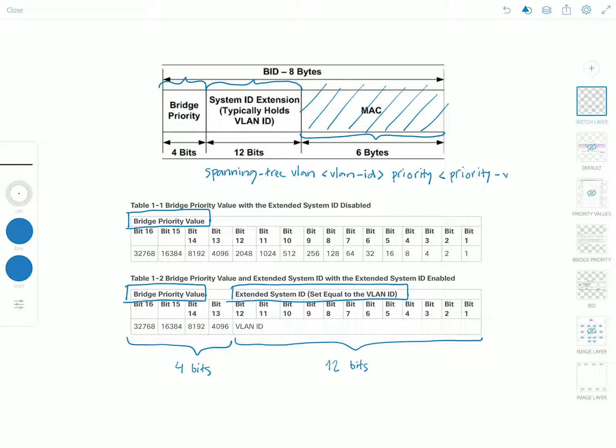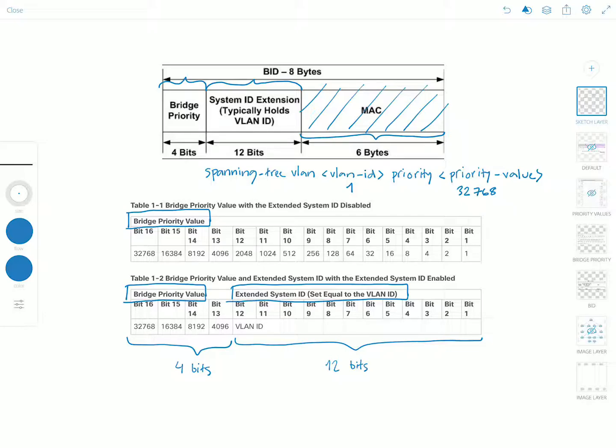So since the default priority value is 32,768, for VLAN 1, which is also the default VLAN, you would have a command something like this: spanning-tree vlan 1 priority 32768 in the configuration. It could be a hidden command, I'm not sure, but that is the default VLAN and the default bridge priority value. So the command should be like that.